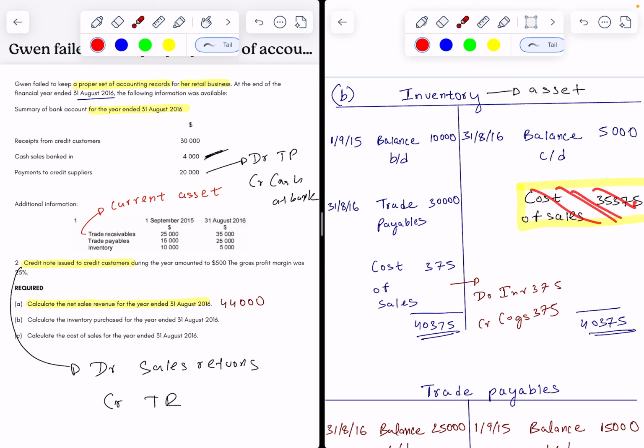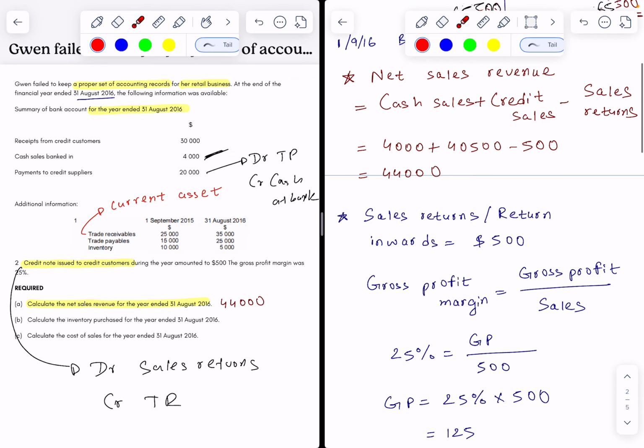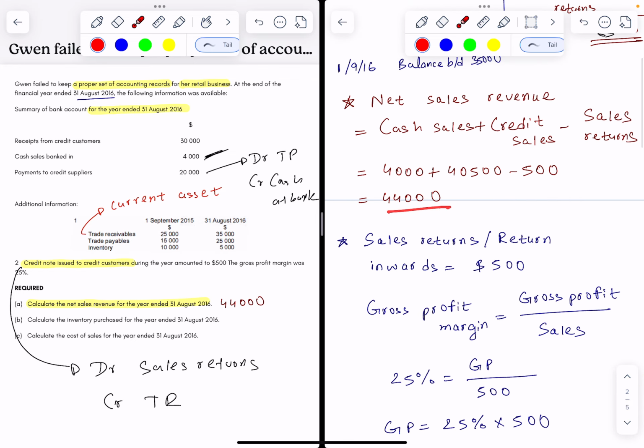And when you add everything on the heaviest side, which is the debit side, you get a total of 40,375. That must be the total of everything on the credit side. So if you subtract the closing balance of 5,000, which we have got, that leaves us with $35,375 to fill in the gap. And therefore, this can only be cost of goods sold, which refers to inventory that you have actually sold during this financial year, all right? And that is being accounted for in your net sales revenue, all right?